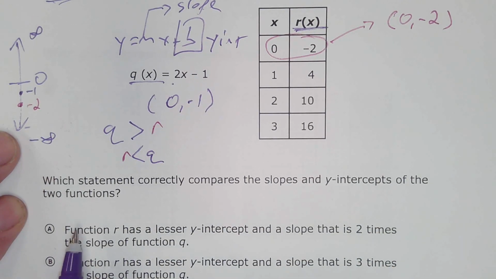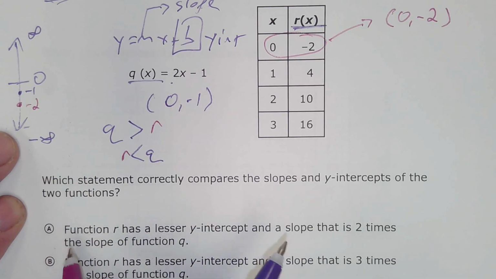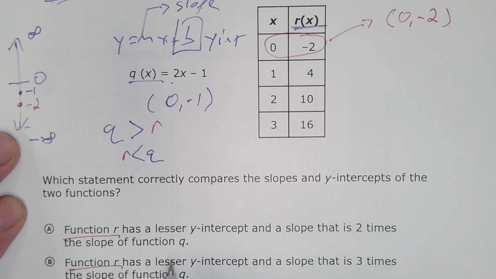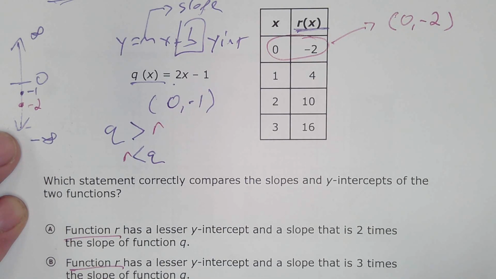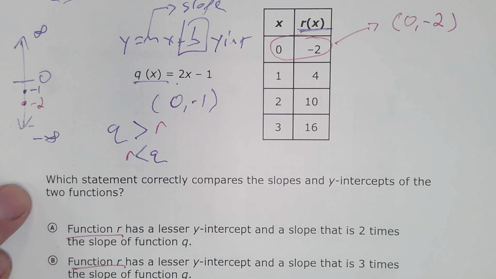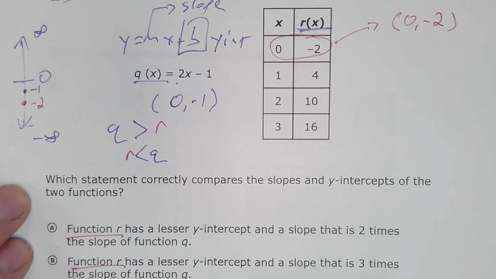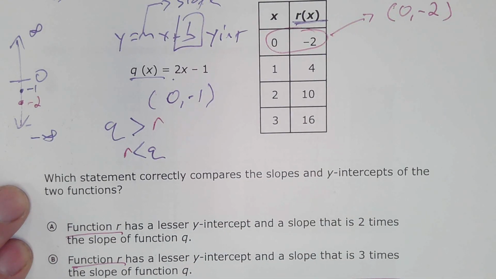That is true. Function r has a lesser y-intercept. Okay, so we're looking for a lesser. Function r has lesser, so it's not these ones. And then we have to figure out which one is the slope.